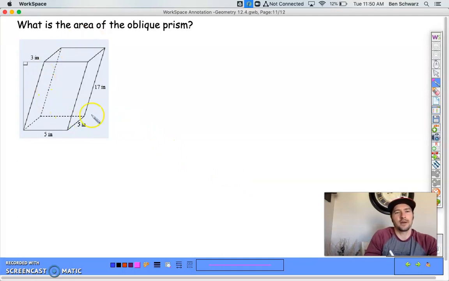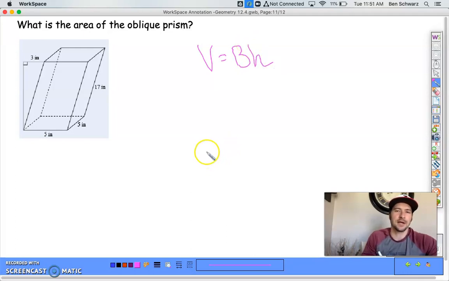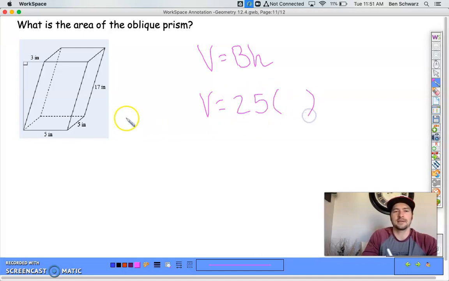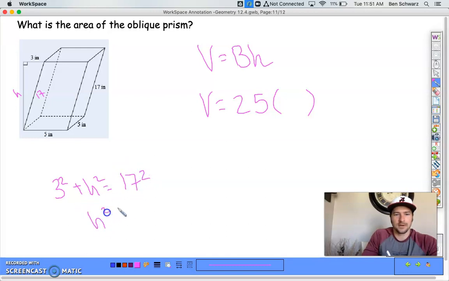So real simply, if we wanted the volume of this, it's a prism. So area of the base times the height. So our area of the base is 5 by 5, so 25. And then times the height. Now the height isn't 17 because that's slanted. So we've got to find this height right here, which we'd have to use some Pythagorean theorem. So h squared, 289 minus 9 would be 280.